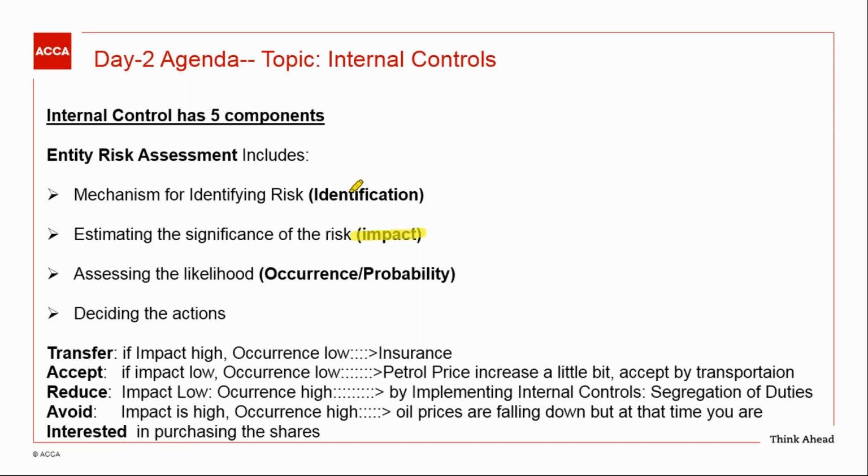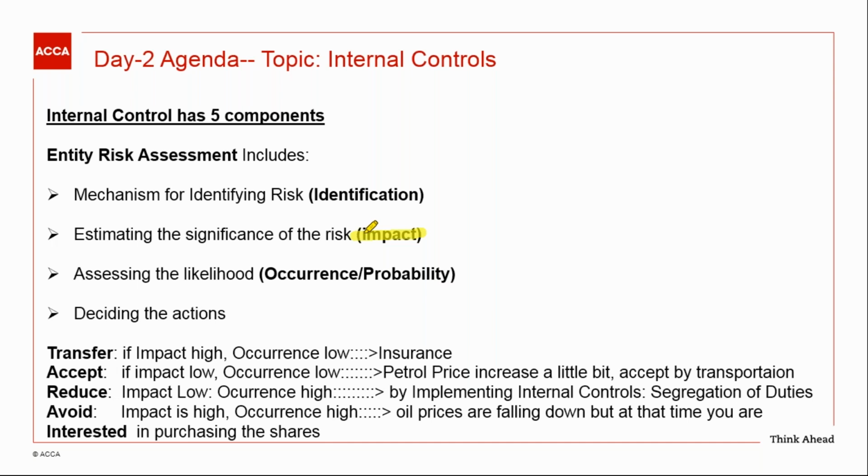These are all three elements of the risk assessment. First element is identification of the event or risk. Then analyzing or estimating the impact, their output, their significance, their damages.